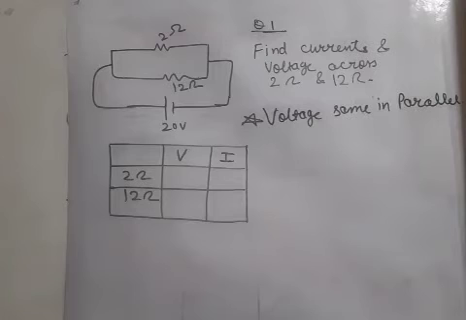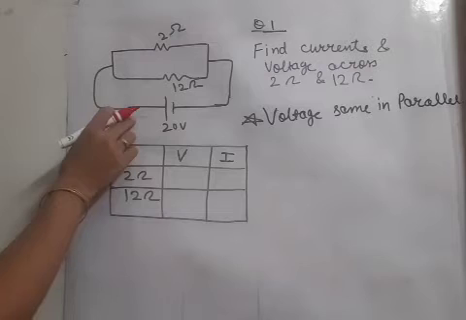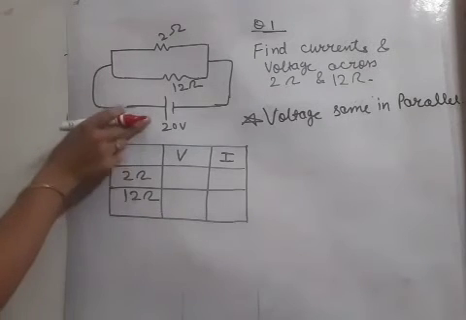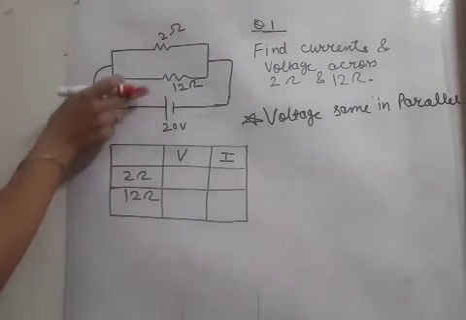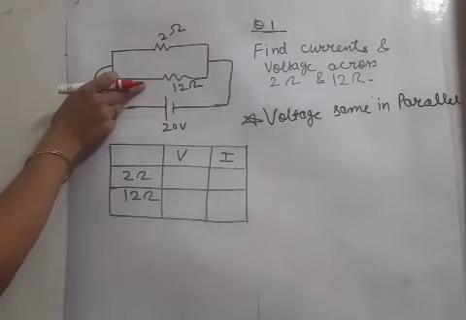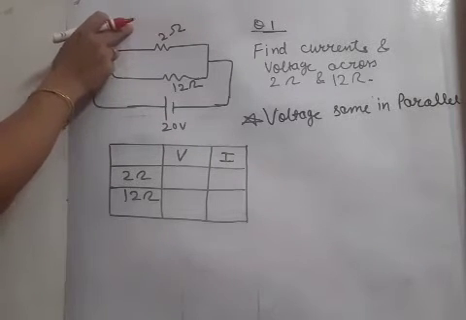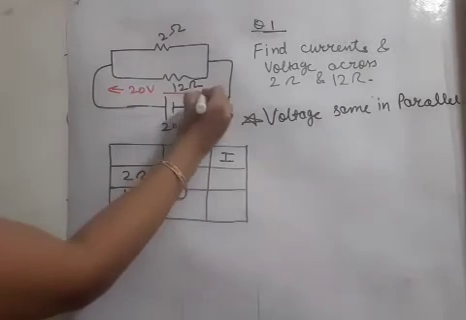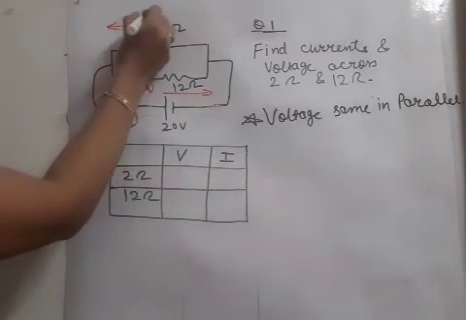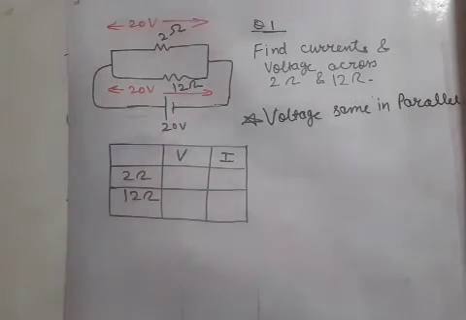Firstly, the voltage values of these two resistances we will write. The battery voltage is 20 volt, and it is applied to 12 ohm also and to 2 ohm also. So 20 volt is applied here also, 20 volt is applied here also.